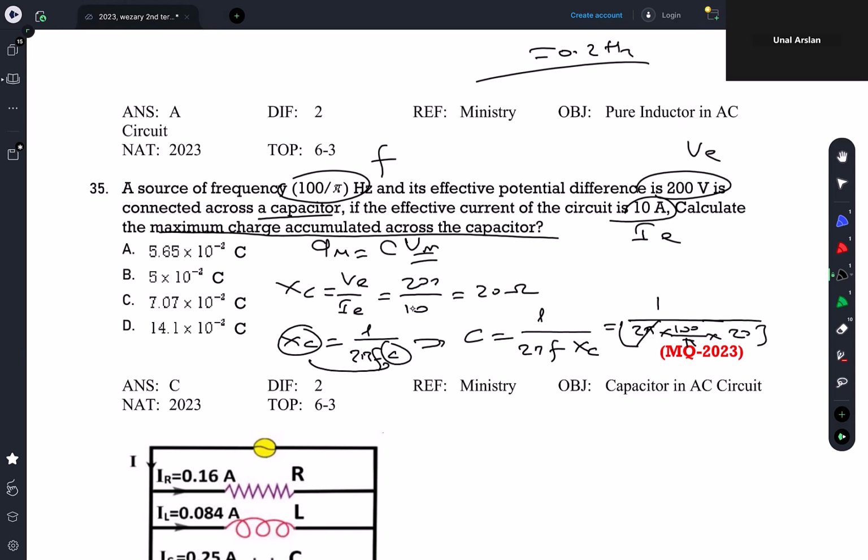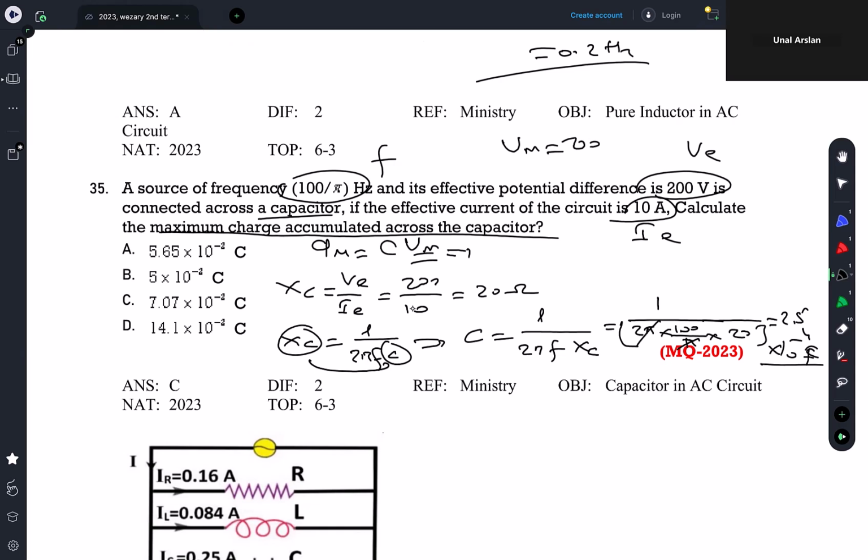So these pi's will simplify. Let's get C: 1 divided by bracket 2 times 100 times 20, close the bracket. It's going to be 2.5 times 10 to the power of negative 4 farad.